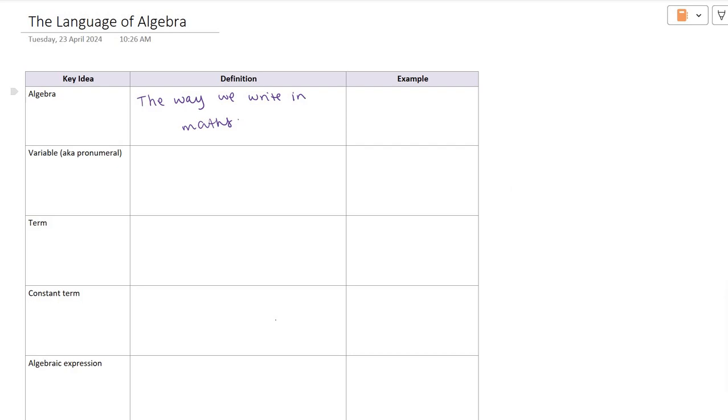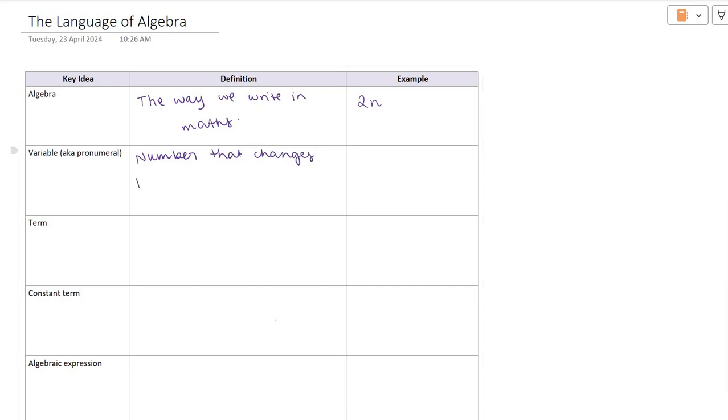For example, if we want 2 times any number, we might say something like 2n, okay? That's just one example. A variable, which is also called a pronumeral, is a number that changes, okay? So we call it a variable because it varies.